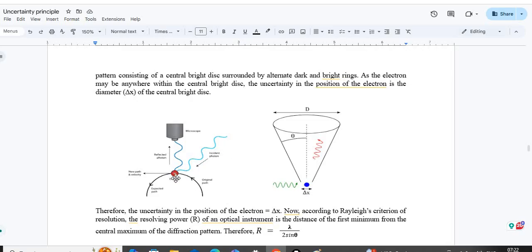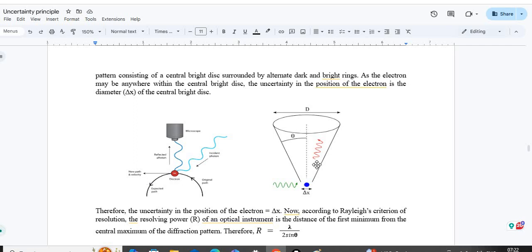When a photon falls, the electron absorbs some amount of photon energy, so there will be a scattered photon in a particular direction and a recoil electron in another direction. So this is the case of the Compton effect. As the dimension and the mass of the electron are very, very small, obviously there is a chance of scattering of the photon and recoil of the electron.